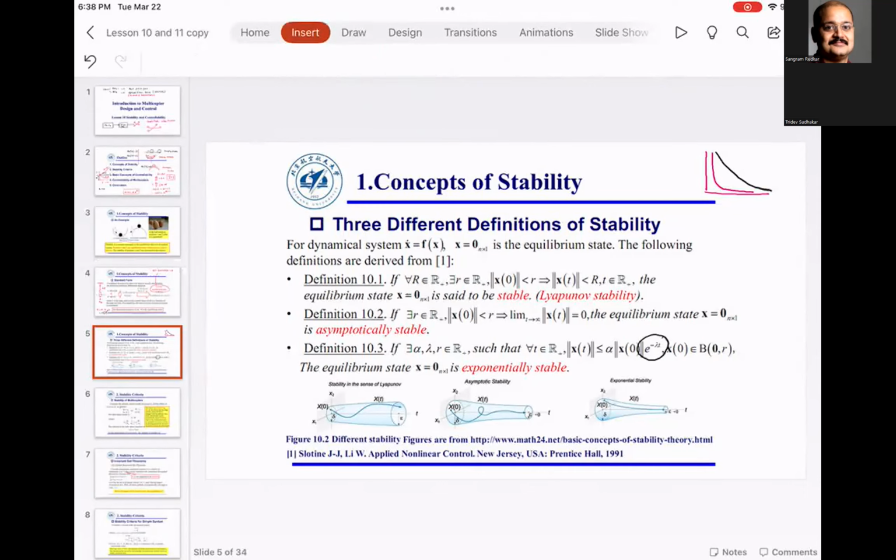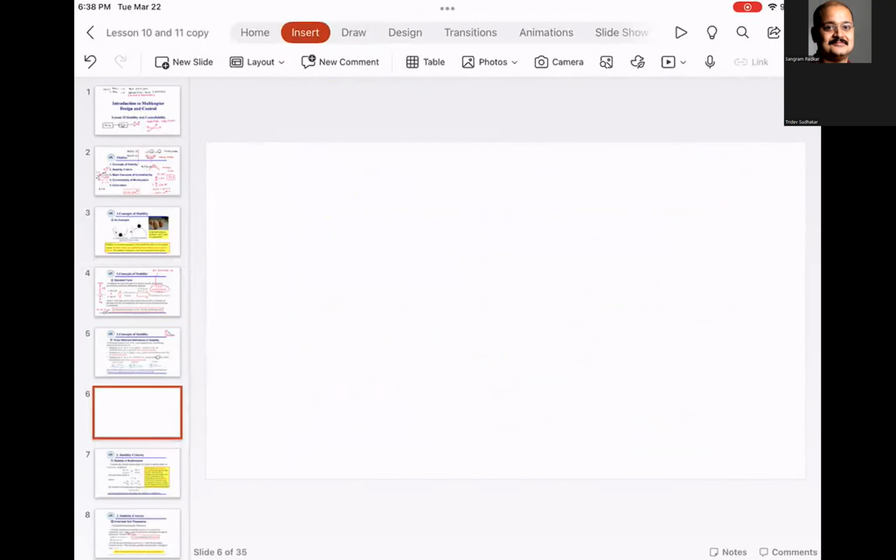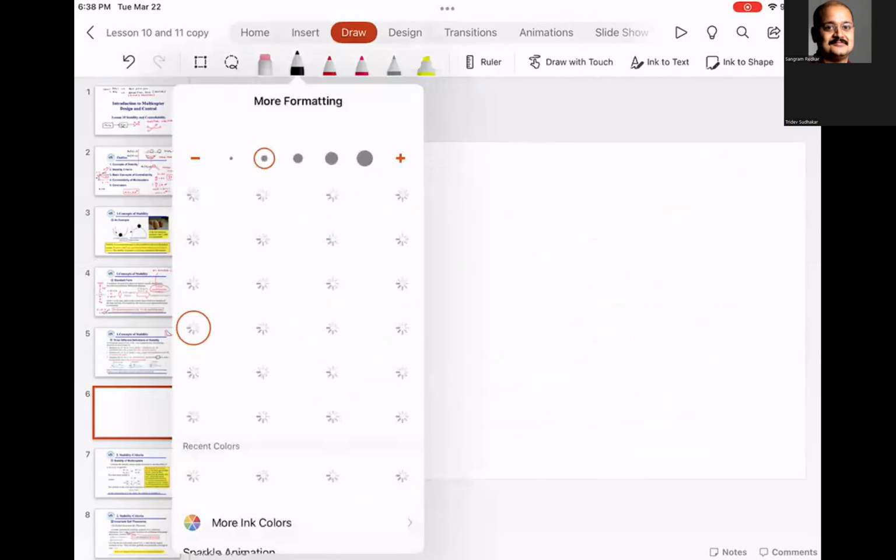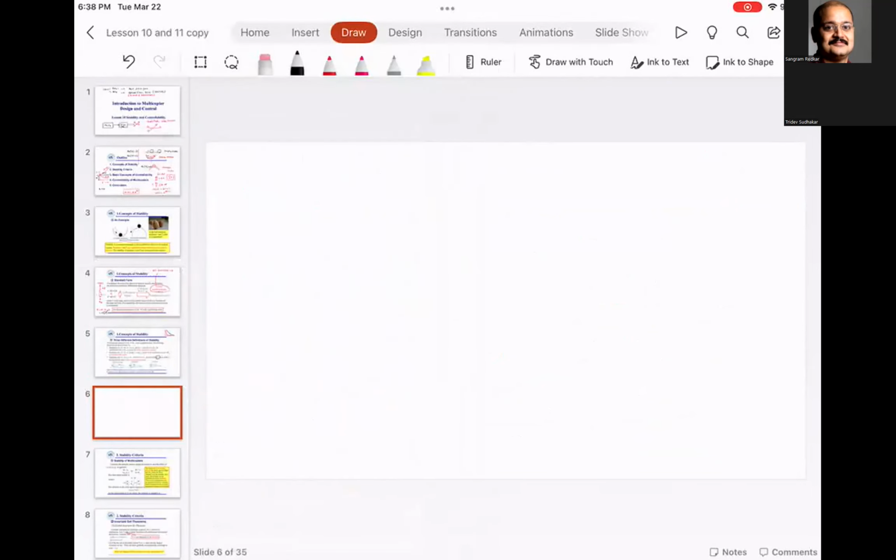What does it mean in human language? This is what it means. Mathematicians unfortunately have a complicated way of saying simple things.